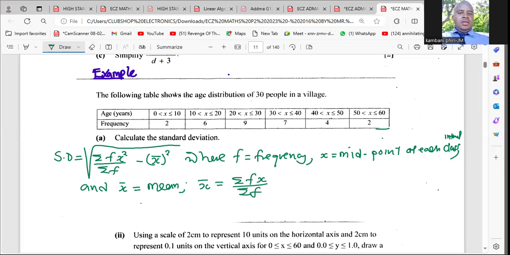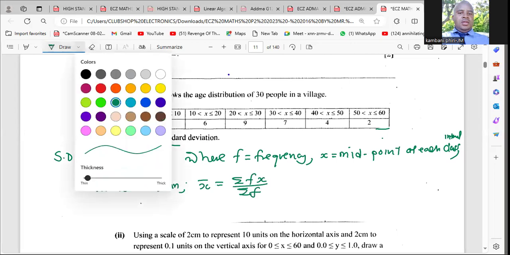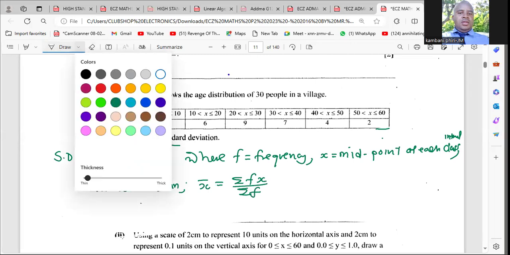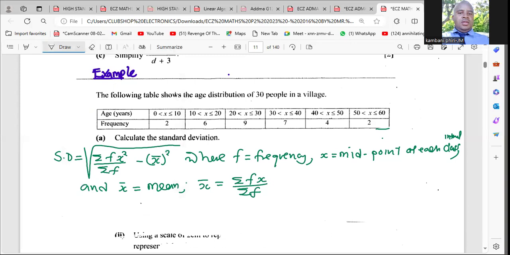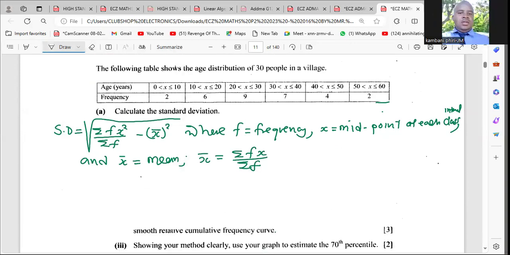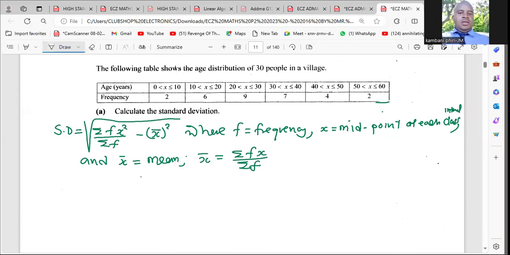Is that okay? Have we managed to copy? Sir, I'm a bit behind. What's that symbol that you've written there that looks like an M that faces to the right? Just copy. That symbol simply means the sum.